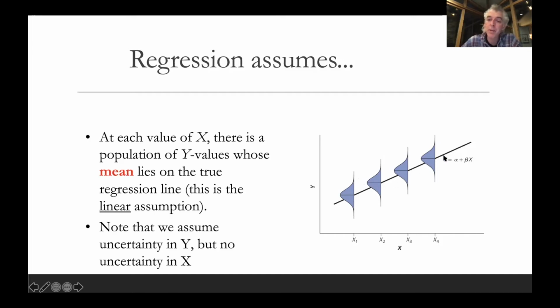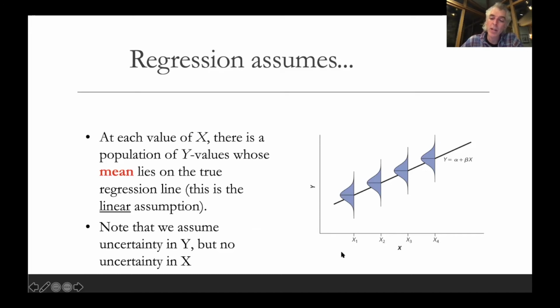And this is what we mean by our linear assumption. And so notice that we're assuming that there is some uncertainty in y, some variability in y at a given value of x. But we have not assumed uncertainty in x. In fact, regression assumes that x is measured without error or is known with certainty.